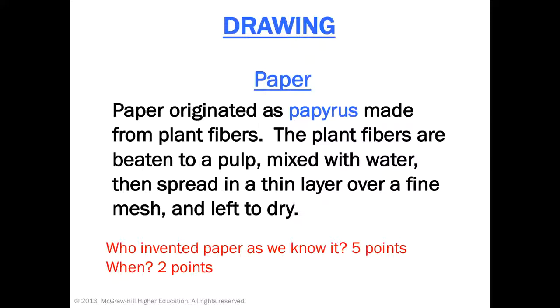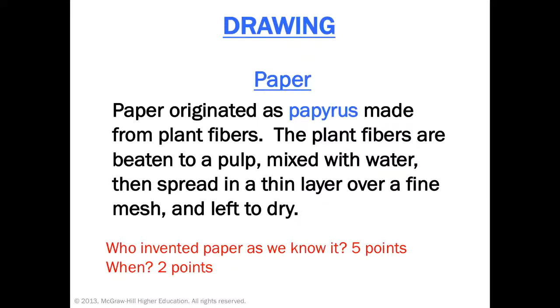Before, when people were doing writing, it would have been cuneiform type things hammered into rock, into slabs. But the Egyptians had papyrus, plant fibers beaten to a pulp, mixed with water, and then spread in a thin layer over a fine mesh and left to dry. Very similar to the way paper as we know it is made today.